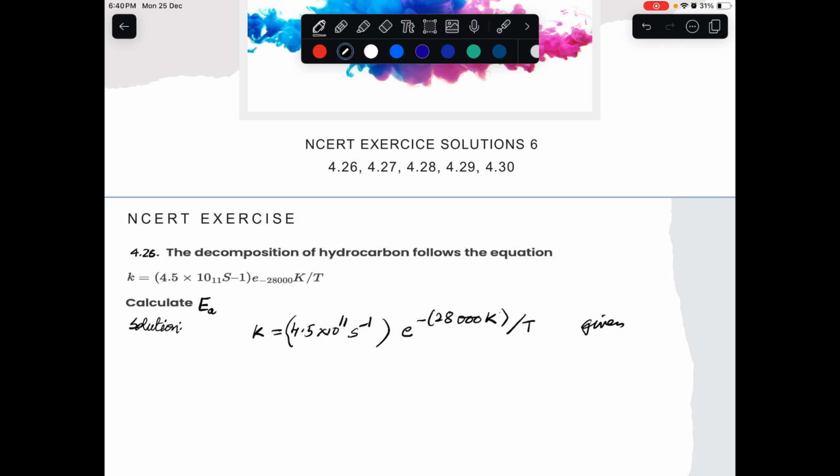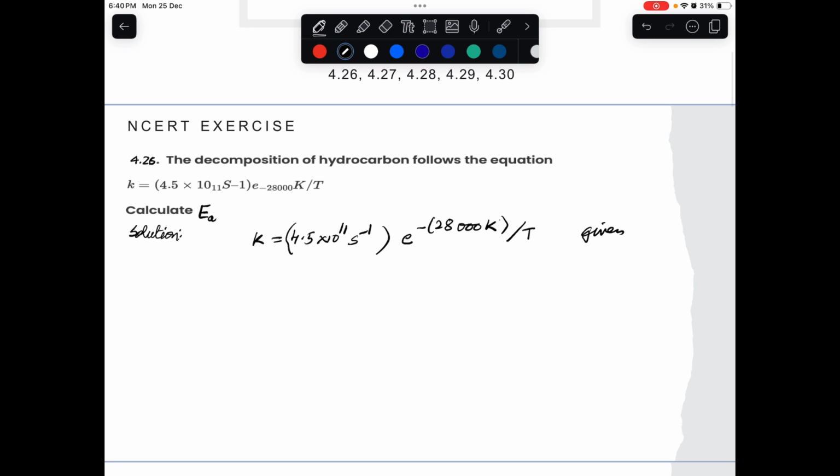And now we will write down the Arrhenius equation. According to Arrhenius equation, rate constant is equal to pre-exponential factor, then we have e to the power minus EA upon RT.